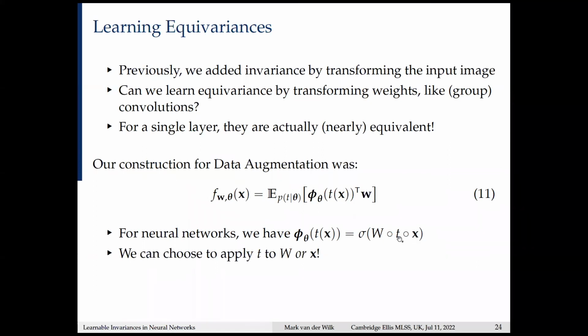And what's interesting is that we can choose whether we want to apply that transformation on the right-hand side, to the image, or we can exactly equivalently choose to apply this transformation onto the weights by applying it to the left-hand side first.